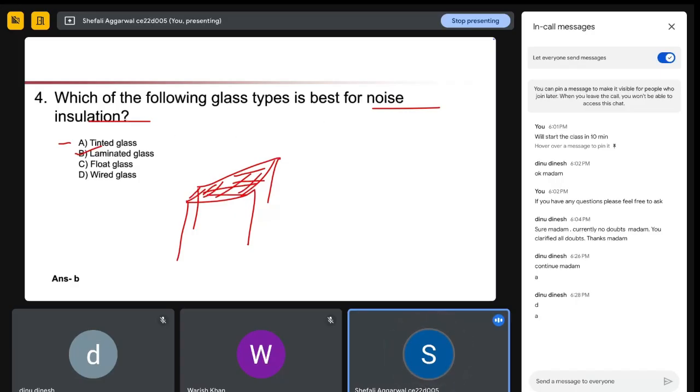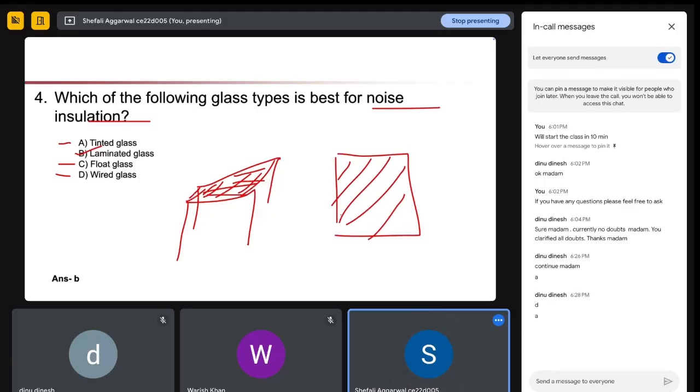So basically if we have to insulate any kind of thing, we will use laminated glass. Okay, and float glass, again, is a normal type of glass, and wired glass means we are using wire mesh in between glass.